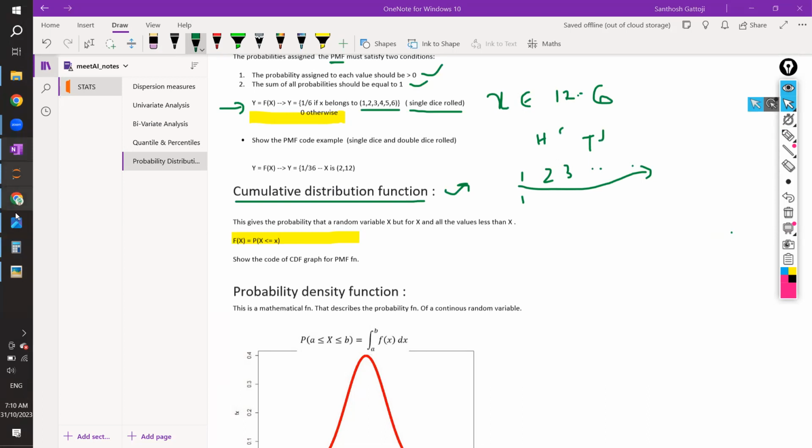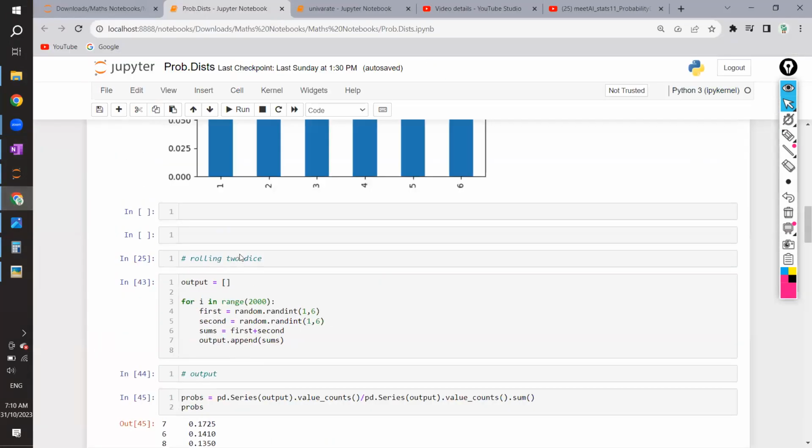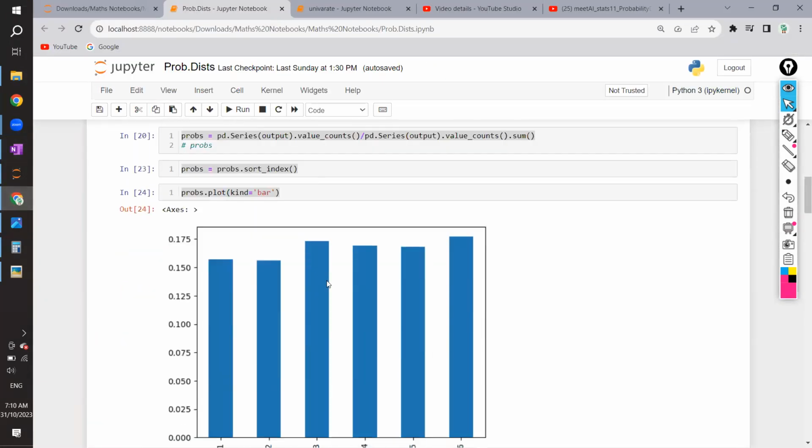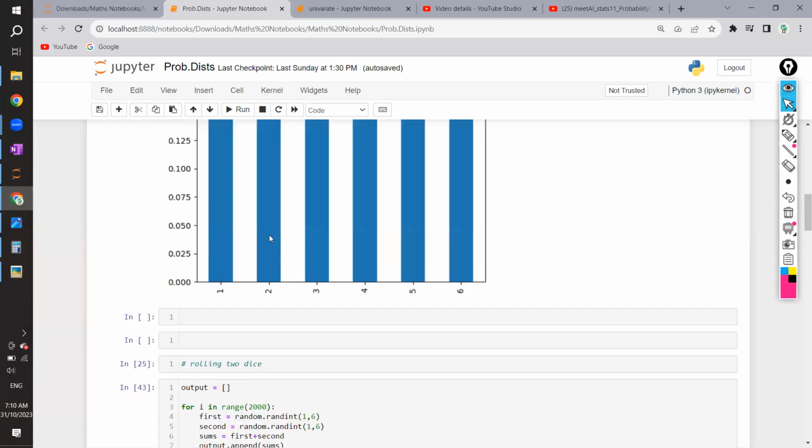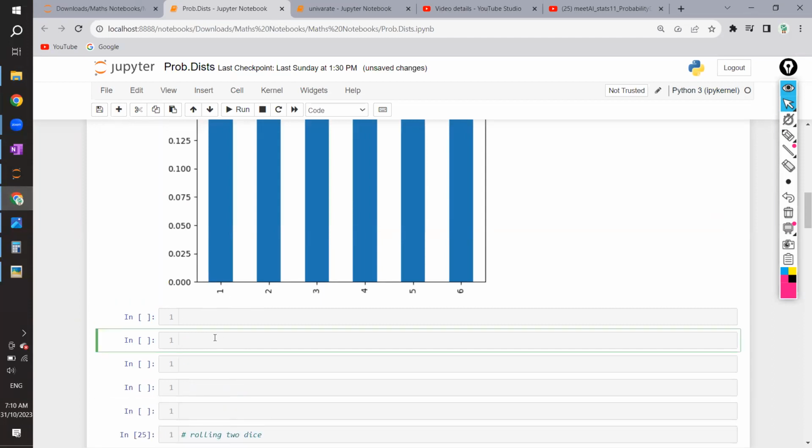Let's see, for example, the single dice example. If I try to draw it, cumulative equals np.